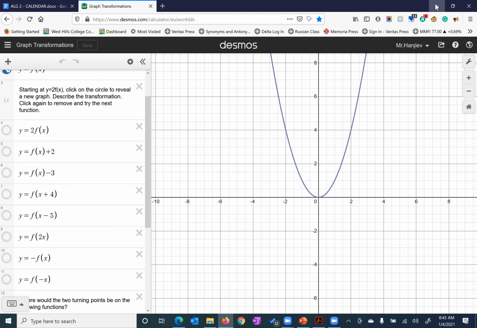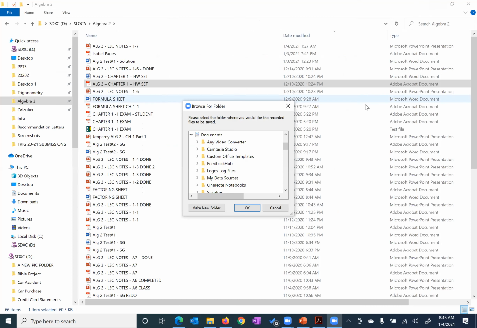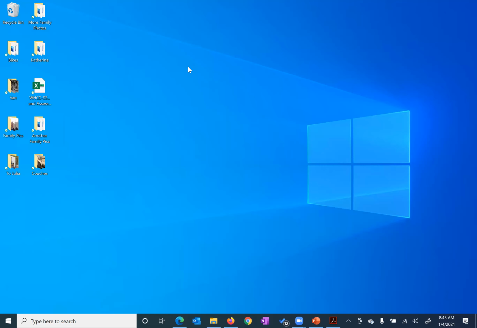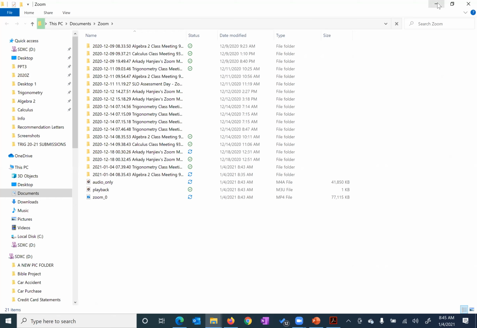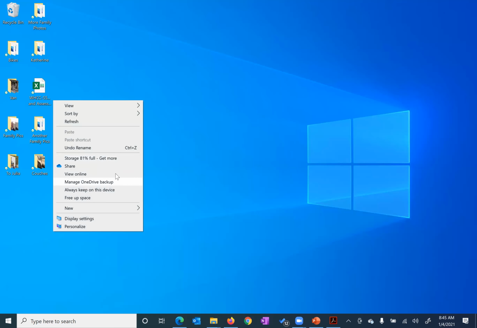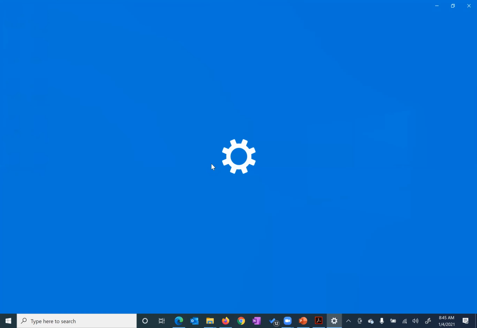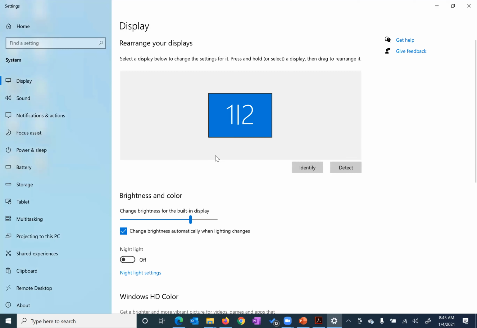One second. Let me do a little something here. Display settings. The projector here is a little bit too old.